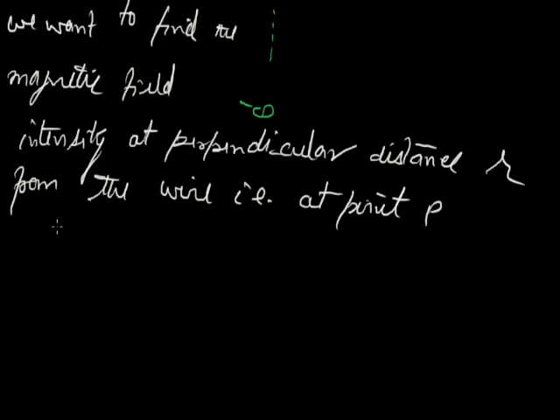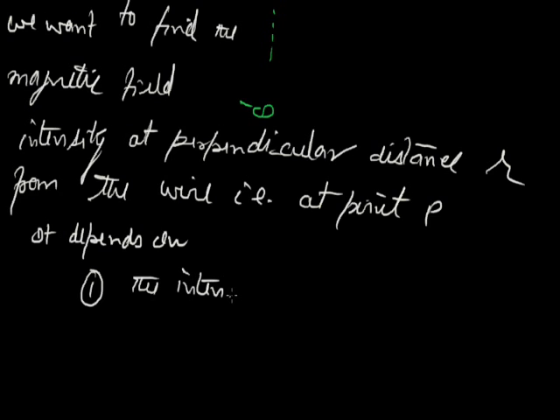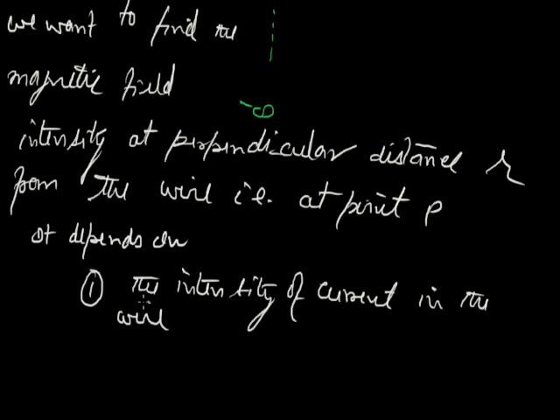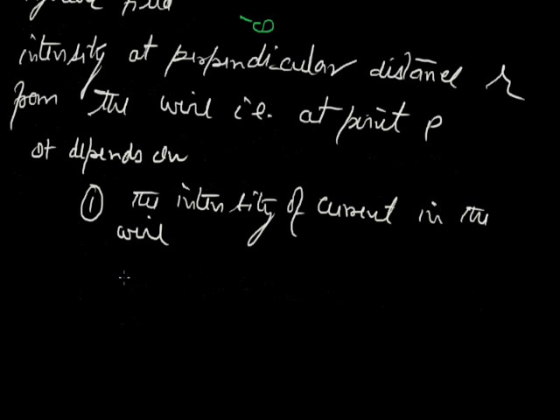Point P depends on, number one, the intensity of current in the wire. If we increase the current, then the magnetic field at point P will also increase. In short, we can write it: on increasing the current, B will also increase. Here B means magnetic field intensity.